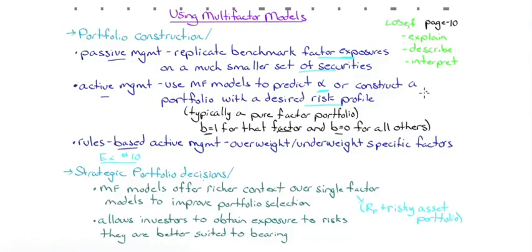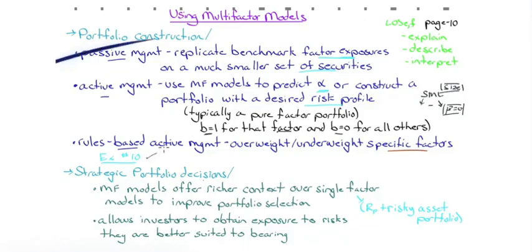Remember in the Carhart 4-factor model we had small minus large, the return on small cap portfolios minus the return on large cap portfolios. And if you sum the two together, you should get a beta equal to 0. In other words, the factor is size, and it is a pure factor portfolio. Rules-based active management is determining when to overweight or underweight specific factors depending on what signals you have in the marketplace.